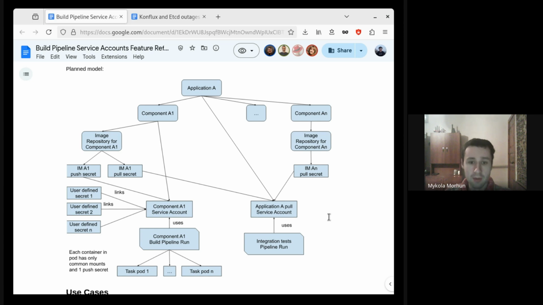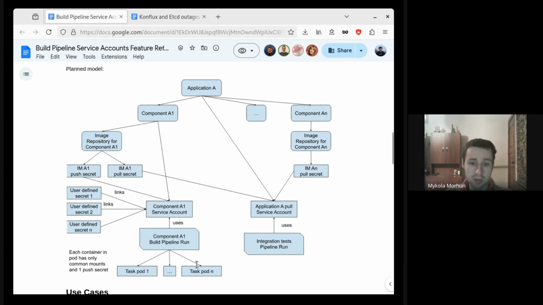So instead of having only one service account, we would have a dedicated service account for each component. This way, we would have linked only common secrets to it, plus one push secret to the specific image repository it uses.